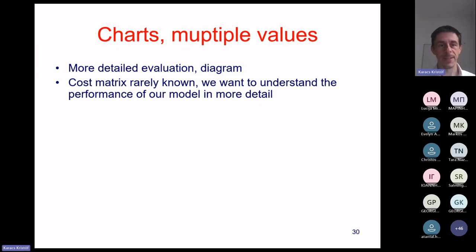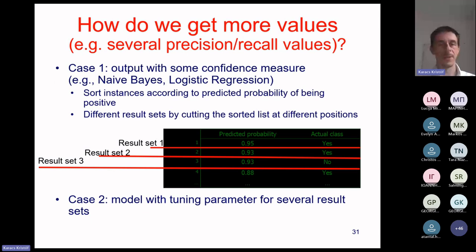So let us continue. In addition to using evaluation metrics or a set of evaluation metrics, what one can do is to try to tap into the actual performance of the model a bit more.